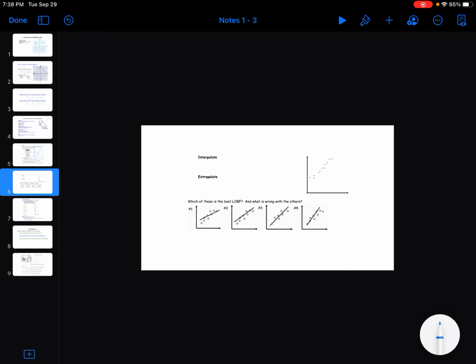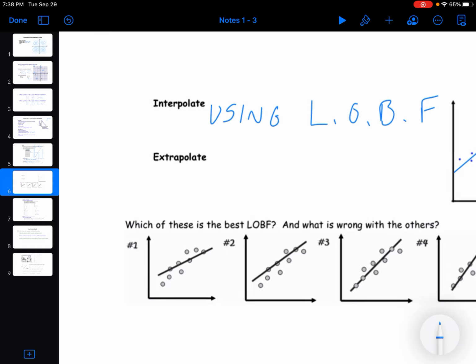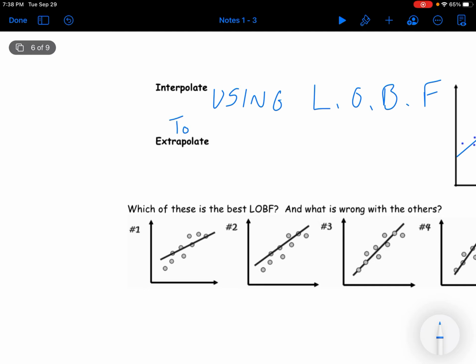So what is interpolating and extrapolating? Well, interpolating is taking a point that's inside the data on the line of best fit. So using your line of best fit to find something in the data.